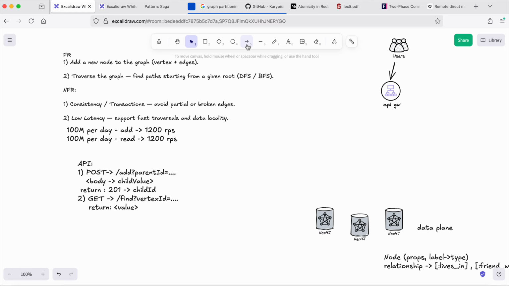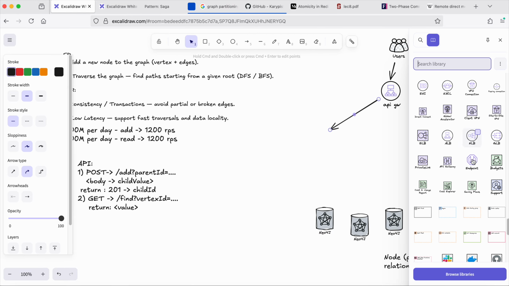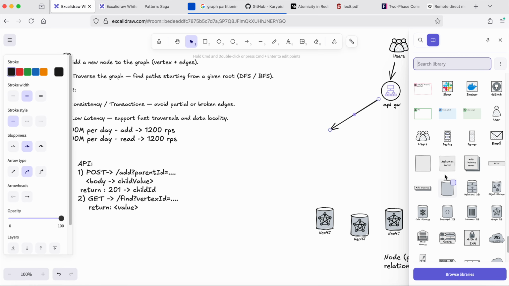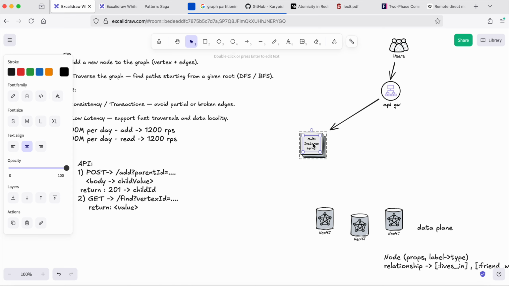In general, I would like to add two types of behavior here. One of them will be our write coordinator. So it's our write coordinator.